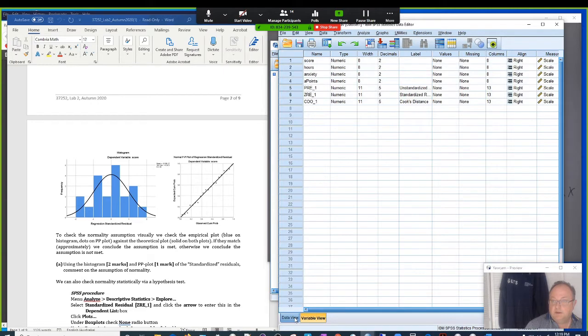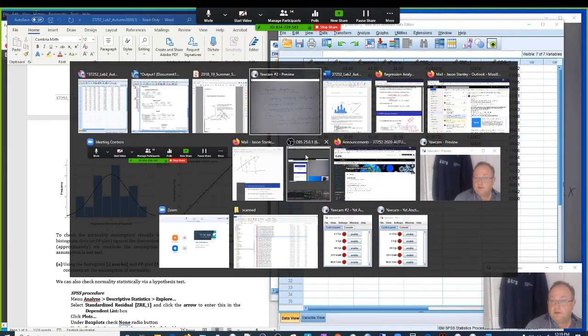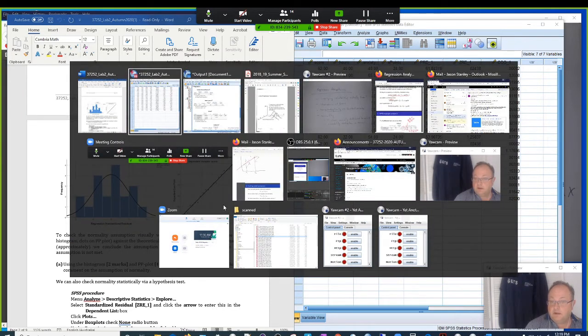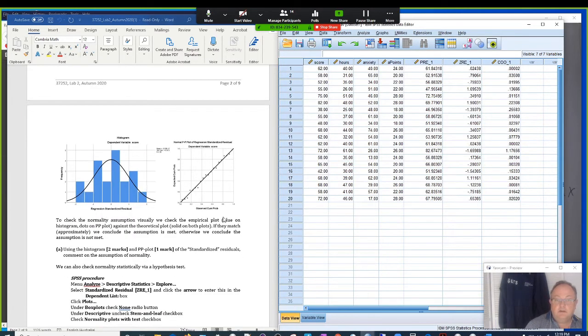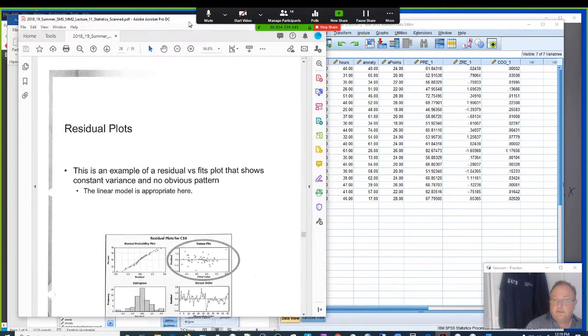So in that regard, I'll just get out a plot, and sorry, I've got a million things open, and here's our plot. Now I want to compare that with something else, and I've got a little picture here that talks about residual plots. So I'm just going to bring that over for you to have a look at.